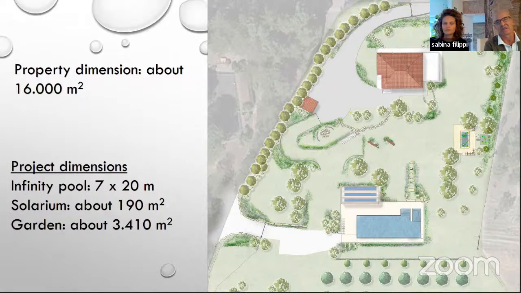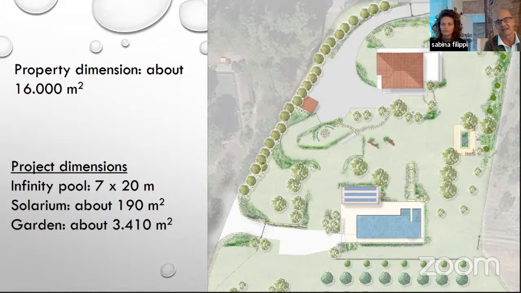We did this plan with a sort of global design. In other words, we have a project of a pool and the garden in a particular area of the Marche district.